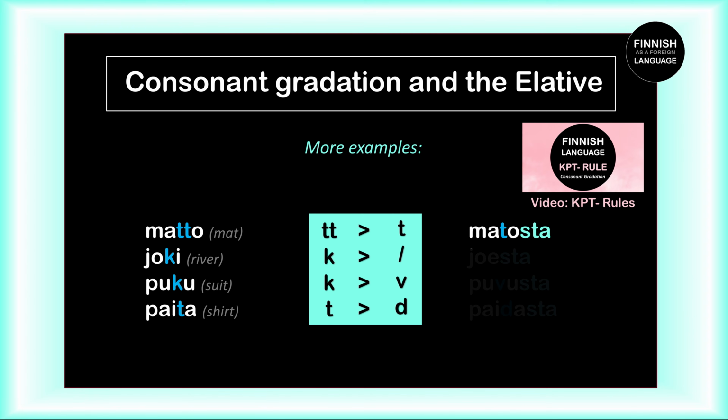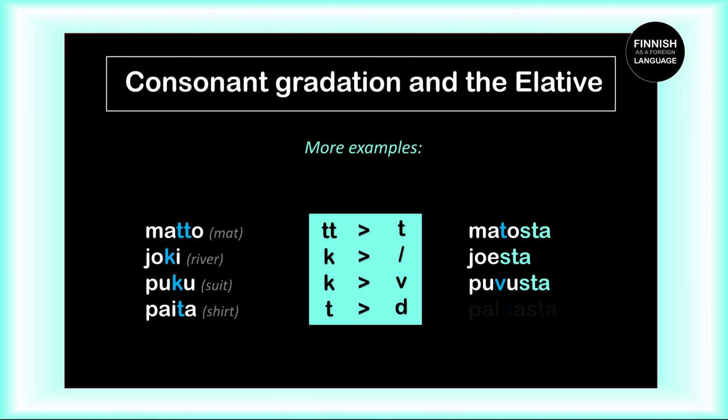So the elative case is joesta. Next example, puku means suit. Here we have the consonant gradation. K changes to V, so the elative case is puvusta. And our last example, paita, which means shirt. Here we have the consonant gradation. T changes to D, and the elative case is paidasta.